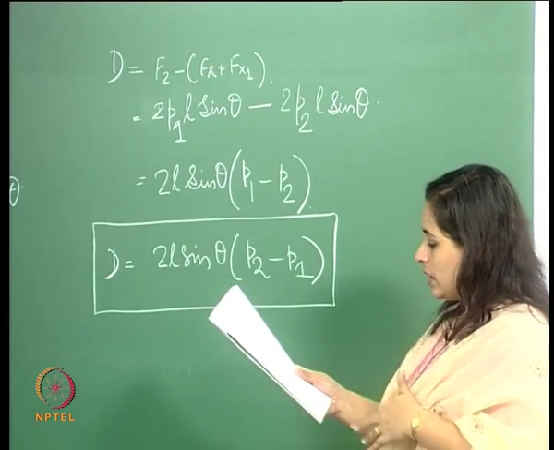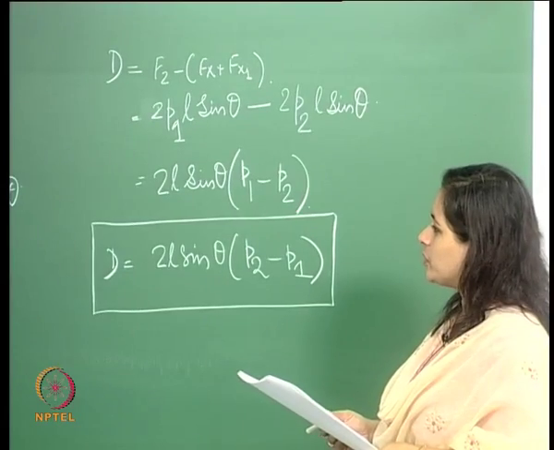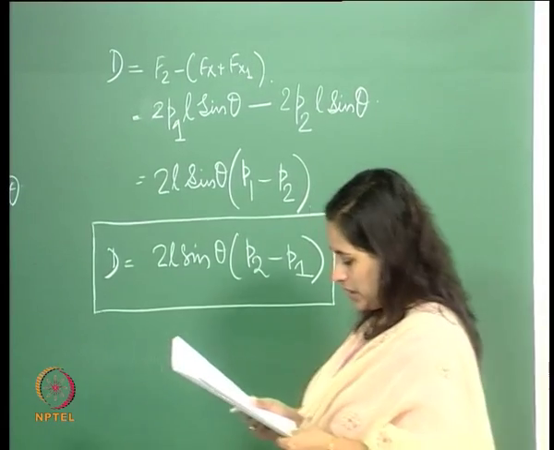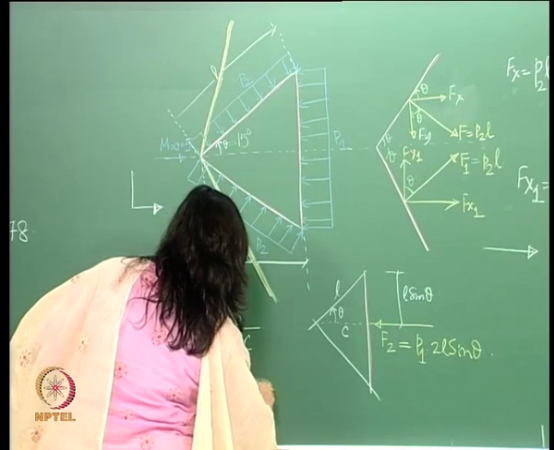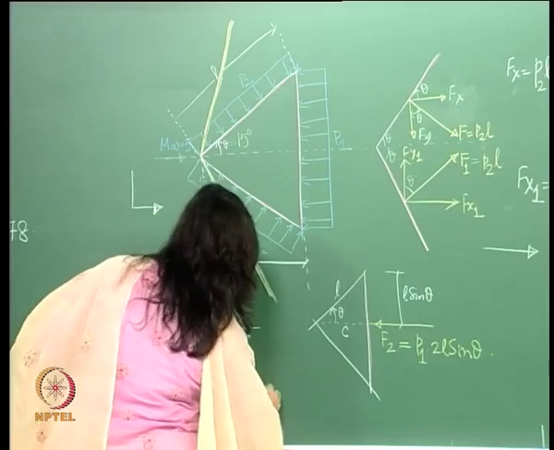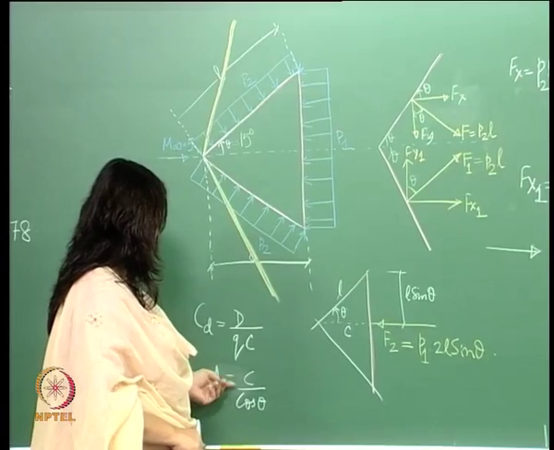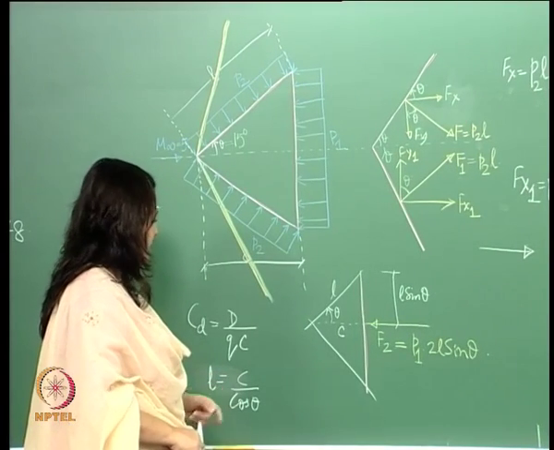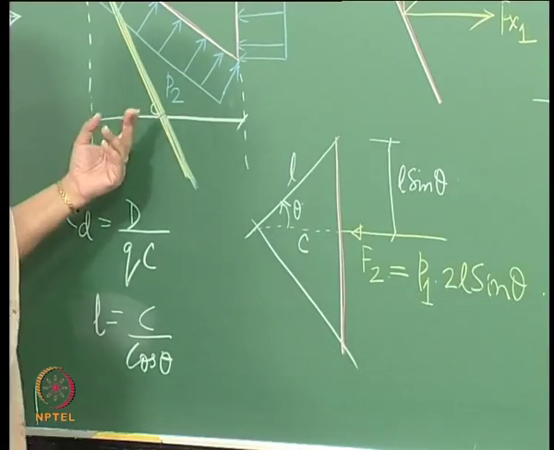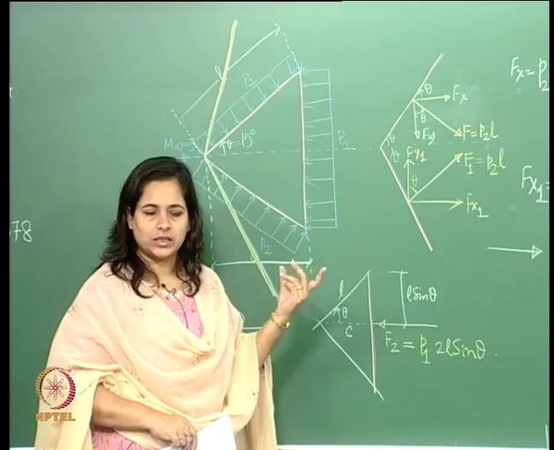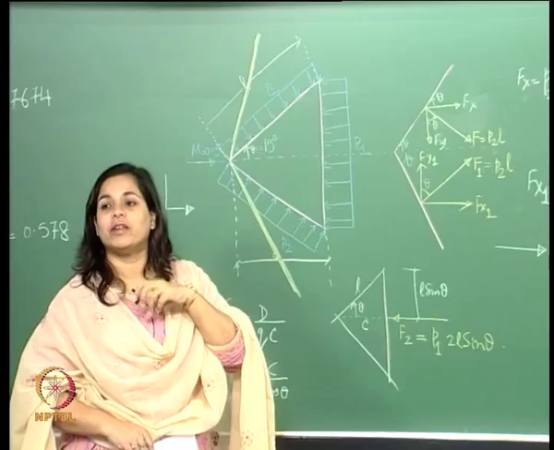Okay, so now basically we need to find out the coefficient of drag. Okay, so this CD L is equal to C by cos theta, isn't it? Because C is L cos theta, so L is equal to C by cos theta. Now C is the reason we are trying to use C over here, because in this particular case it is kind of analogous to the chord length if you were to have an airfoil.